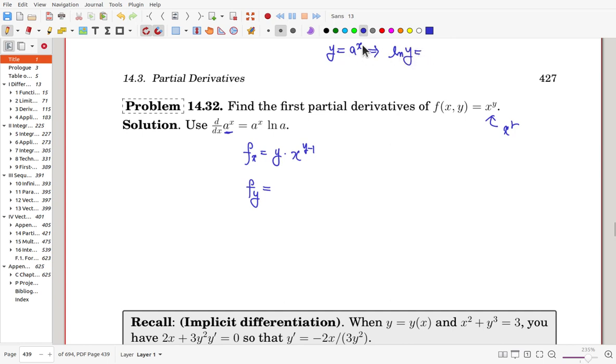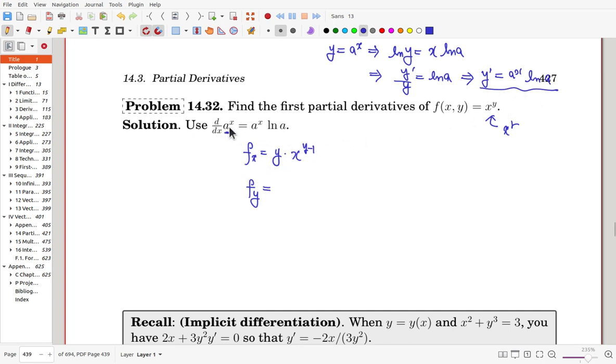Then by using the log rule, we get x times logarithm a. Now we take the x derivative, then that is y prime over y equals logarithm a, only the constant remained. From here, y prime equals y times logarithm a, but y is a to the x. So you got that formula from calculus 1.